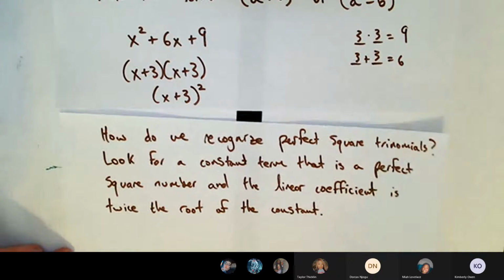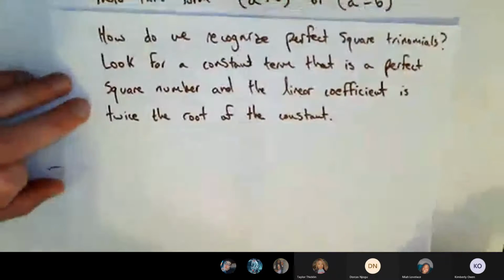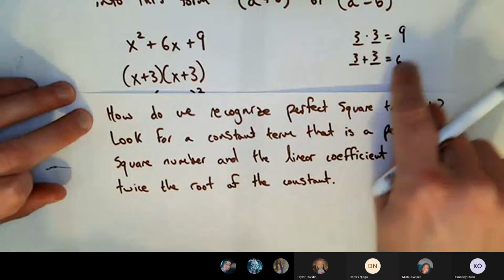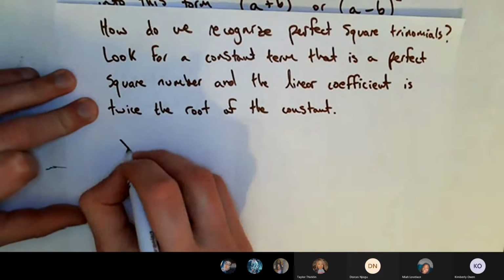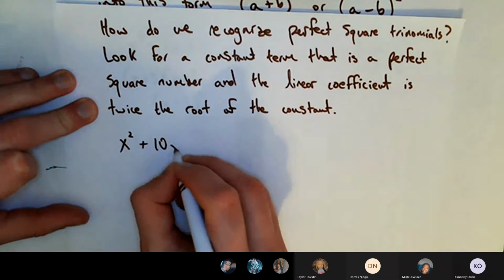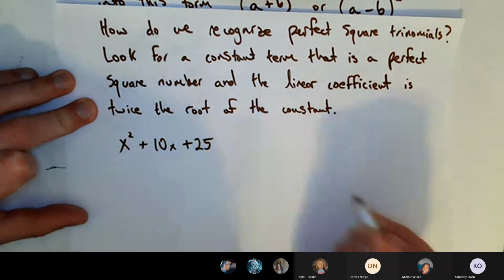All right, let's look at another example and try to factor it without falling back on the chart. What if we have x squared plus 10x plus 25?